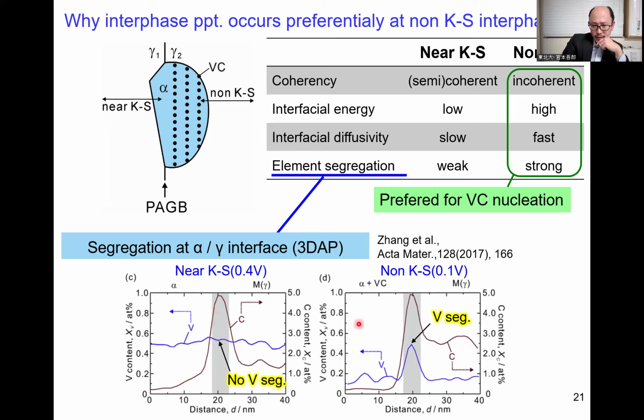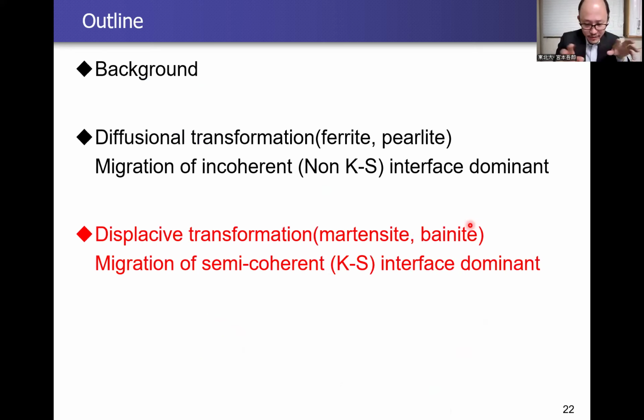On the other hand, when we analyze the vanadium distribution at the non-K-S interface, even at less vanadium addition, clear vanadium segregation is detected. So such vanadium segregation should be one reason to enhance vanadium carbide nucleation at the non-K-S interface. So the crystallography of the alpha and gamma interface is very important to understand the diffusional transformation.